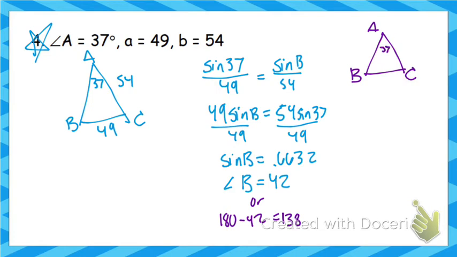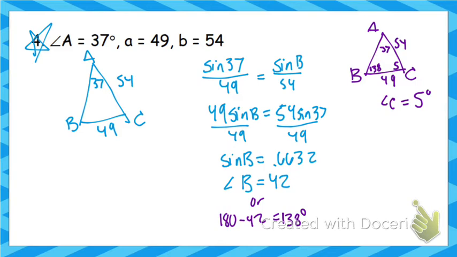So 37, 54, 49, and 138. So I need to make sure it's possible to have a 138 degree angle with a 37 degree angle, and it is. It's going to be a very small leftover angle, but it definitely is possible. That missing angle for angle C would be 5 degrees. So angle C is 5 degrees if angle B is 138.